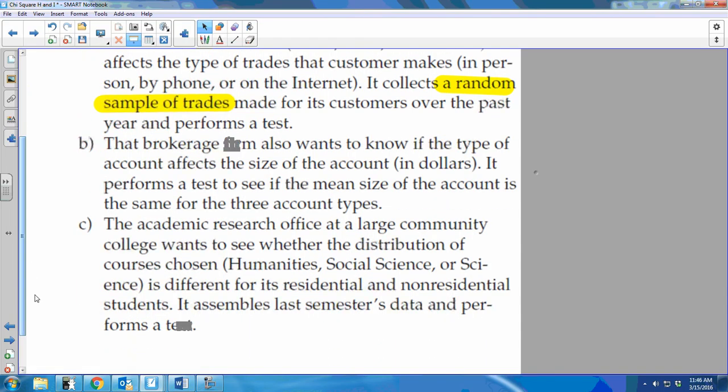On B. That brokerage firm also wants to know if the type of account affects the size of the account in dollars. It performs a test to see if the mean size of the account is the same for the three account types.